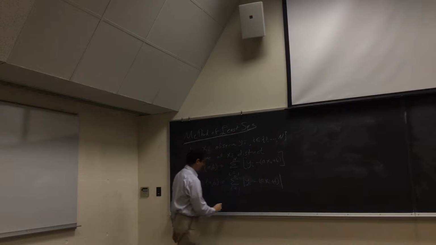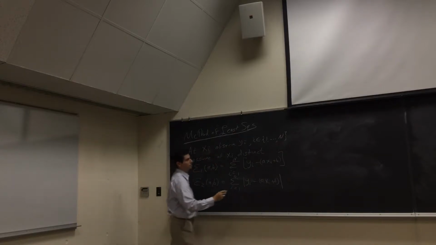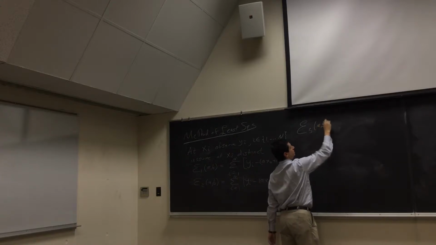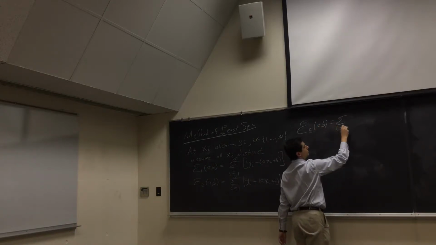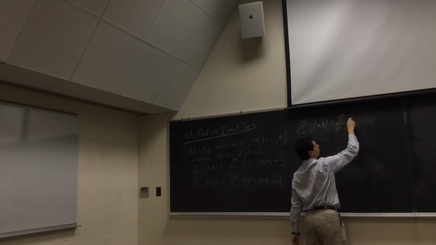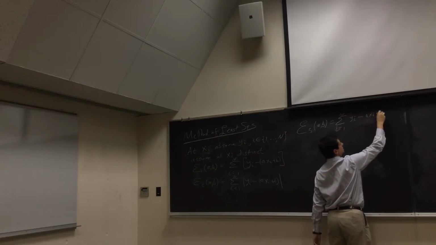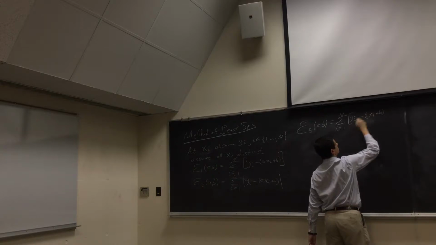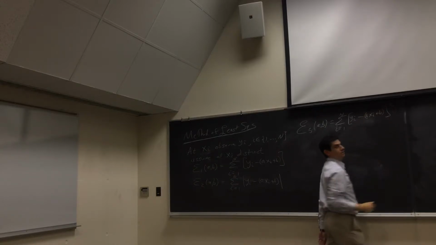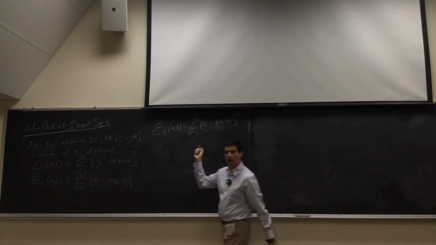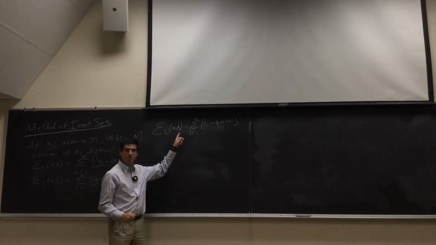And then the last one, and I'll write it over here, E3 of a, b is the sum, i equals 1 to n, of yi minus (a xi plus b), squared.